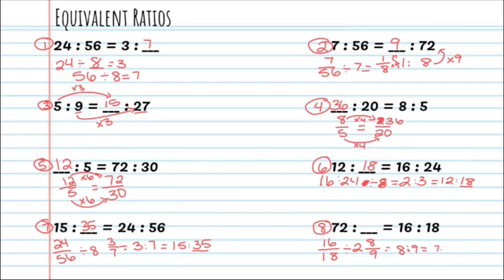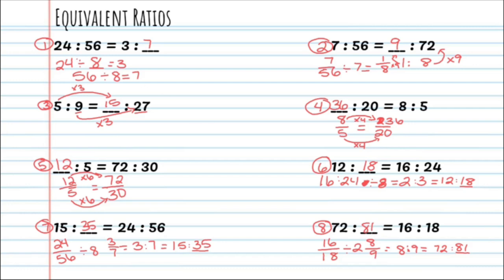Now we are wanting to turn it into 72 to what would be equivalent to 8:9. So we know that 8 times 9 gives us 72, so 9 times 9 would give us 81. And our answer here would be 81.